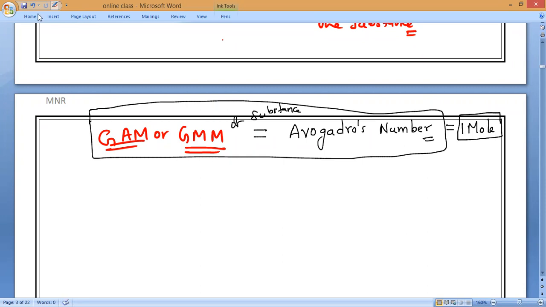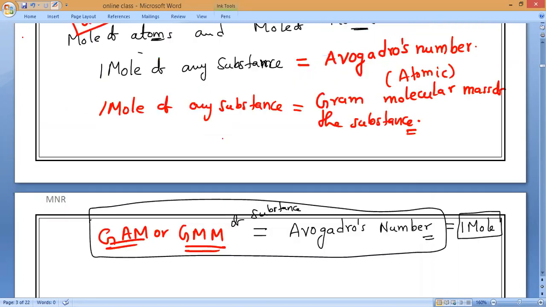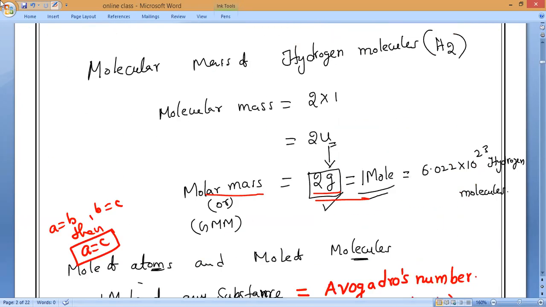Any doubt in this? Please let me know. If you are clear, then we'll go for calculation of number of moles. Any doubt, guys? For your purpose, I'm saying once again, just a small thing. You know how to calculate molecular mass and atomic mass.